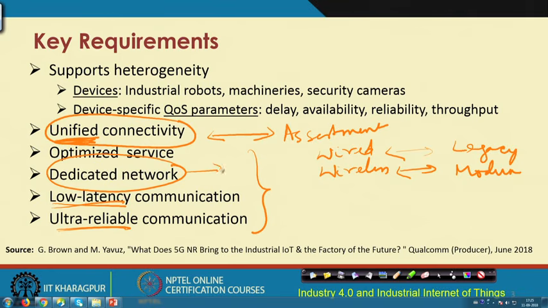Customized requirements will have to be fulfilled, because different industrial sectors have specific customized requirements. Those dedicated network solutions will have to be used in order to fulfill the customized requirements, and together with fulfilling these customized requirements, optimized service offerings will have to be made.